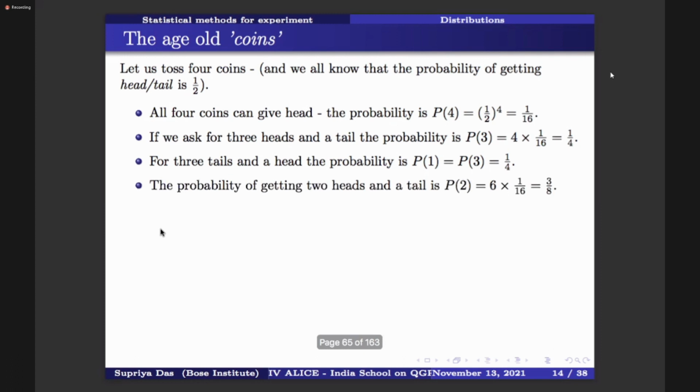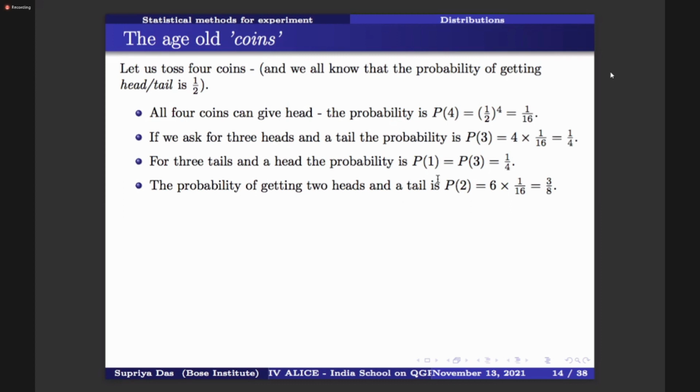But if you take a different case, like two heads and two tails, the probability of each combination is one half to the power 4, which is 1/16.